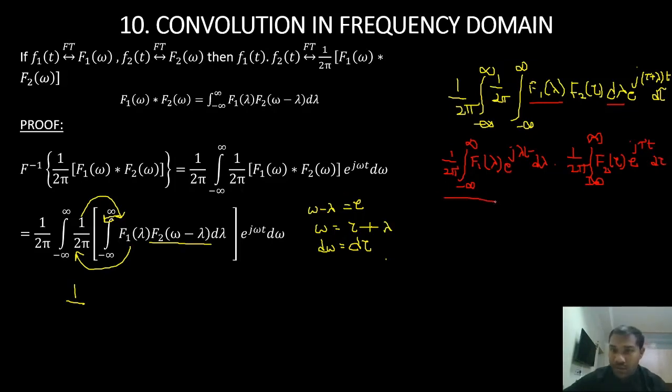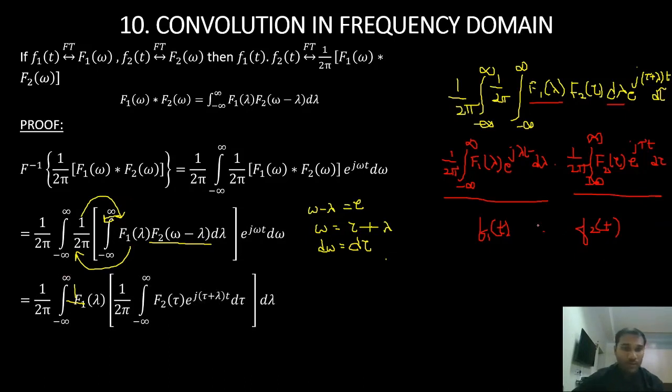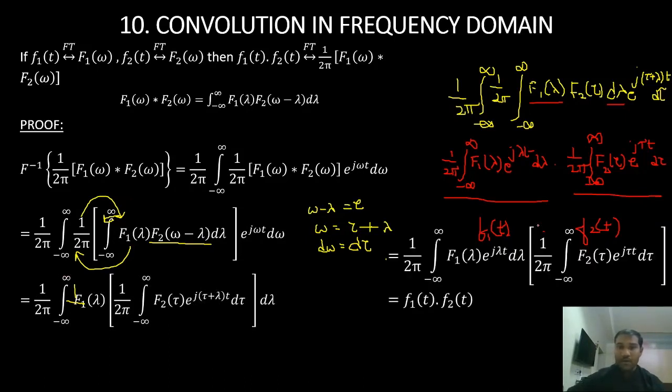So this first thing is nothing but f1 of t, and the second expression is f2 of t. So it is nothing but multiplication of f1 of t and f2 of t.